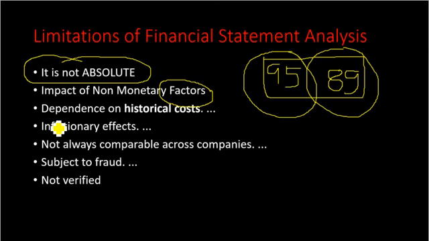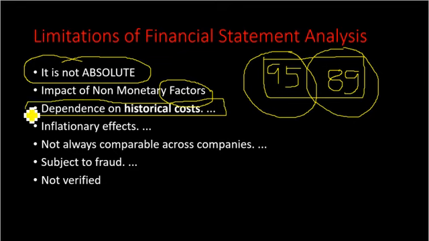Also, another limitation is the heavy dependence on historical cost. Financial statements are prepared using the historical cost basis. We don't record transactions that will happen in the future. But there's only, I think, one exemption for that. If you have contingent losses, this is actually a discussion in your FAR.